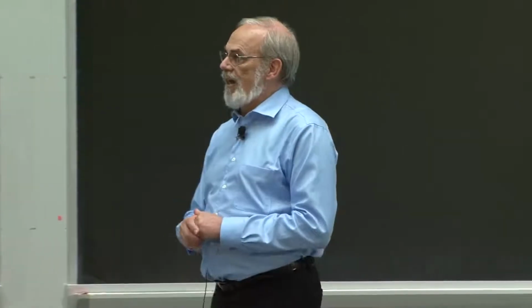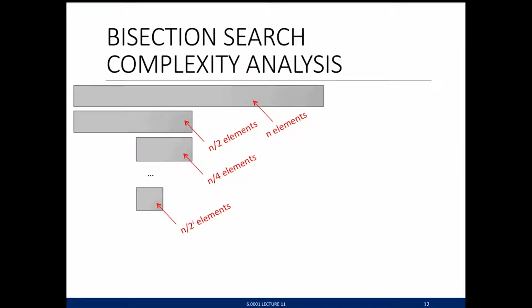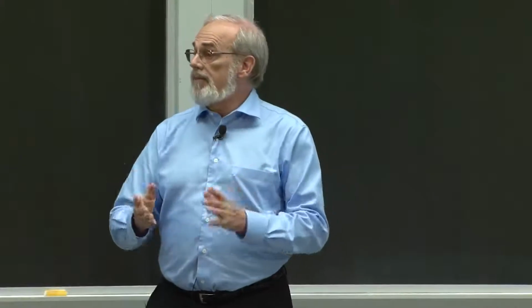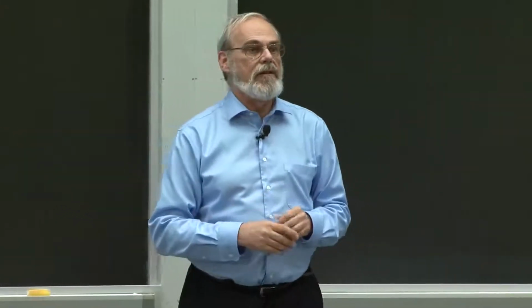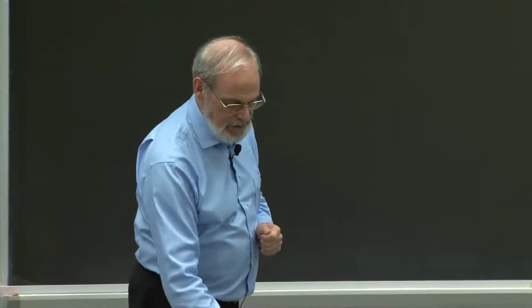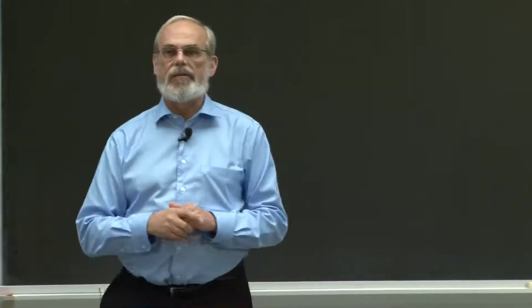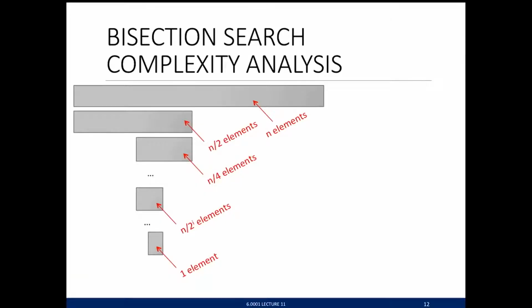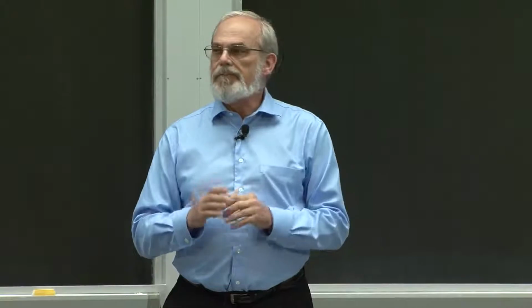So after i steps, I'm down to a list of size n over 2 to the i. Now, what's the worst case? The worst case is the element's not in the list. I'm going to have to keep doing this until I get down to just a list of one element. And at that point, if it's not the thing I'm looking for, I know I'm done and I can stop. Different pattern.